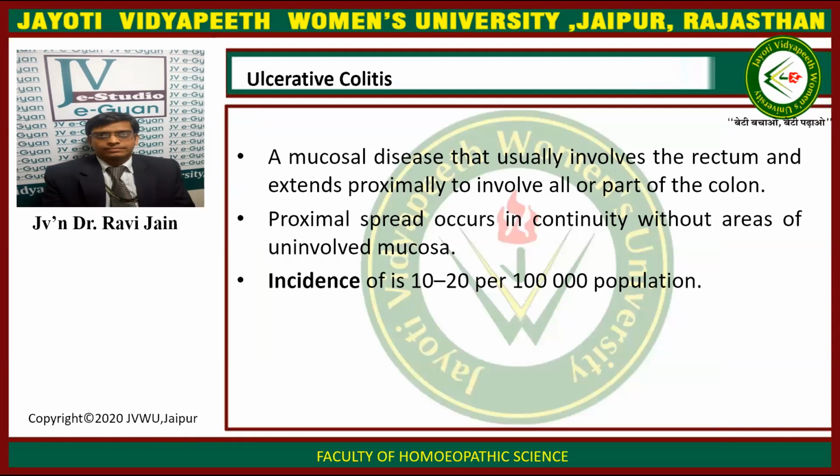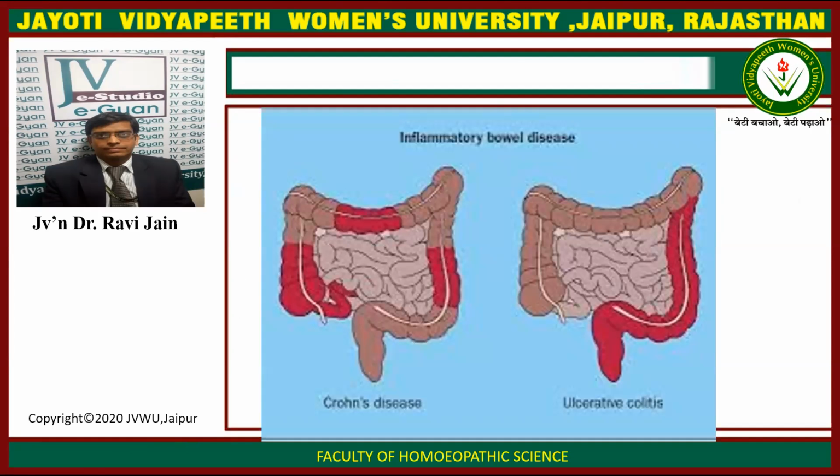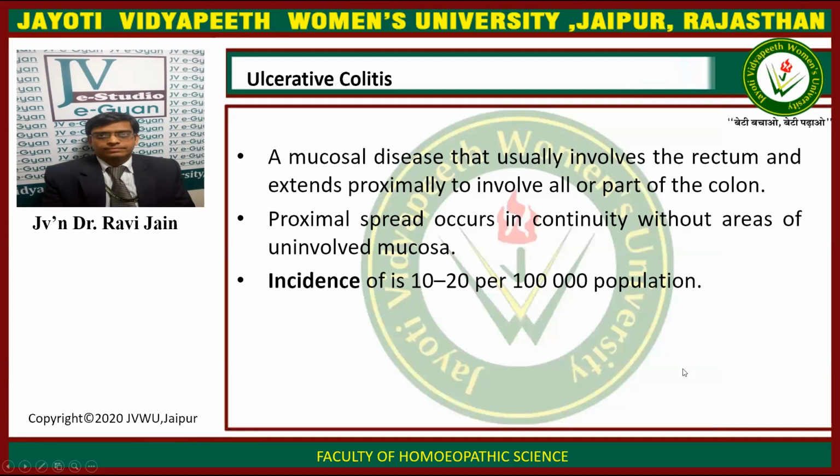So, ulcerative colitis is a mucosal disease that usually involves the rectum and extends proximally to involve all the other parts of the colon. As you can see in this picture, it starts from the rectum and then extends proximally to involve the colon. The proximal spread occurs in continuity without areas of uninvolved mucosa.